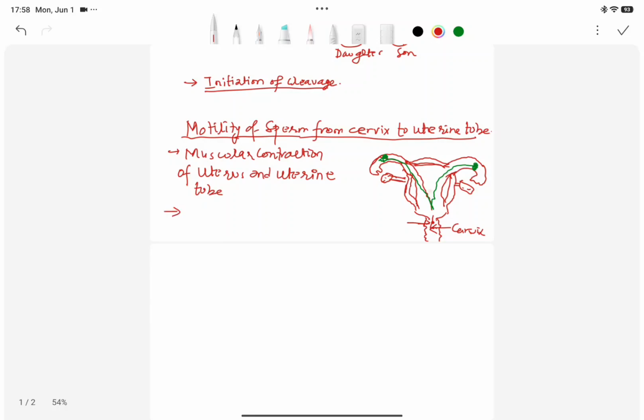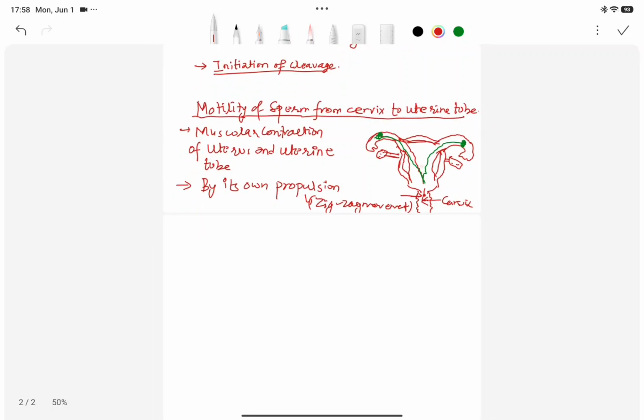One is that, and another is its own propulsion, by this zigzag movement. So its own propulsion and the muscular contraction of the uterus and the uterine tube.